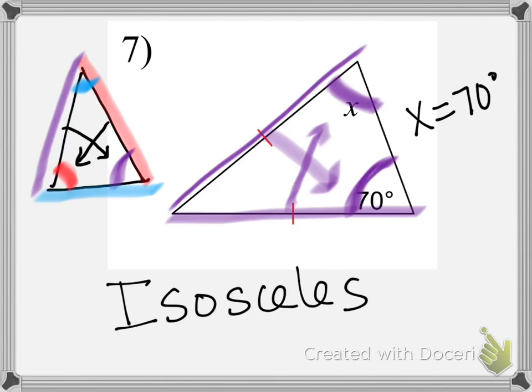Knowing that this is an isosceles triangle, because there's two sides that are congruent, I'm also going to have two angles that are congruent. The congruent angles are going to be the angles that are directly across. That's what I was showing you here with the arrows. The ones directly across from the two sides that are congruent are also going to be congruent. That's why I know that x is equal to 70. Does that make sense, Christian?